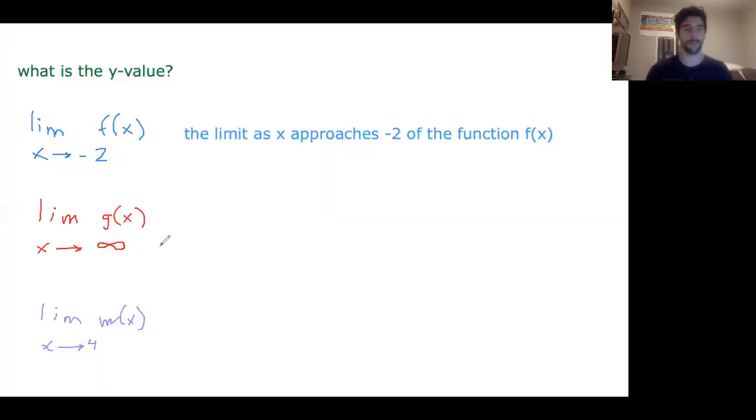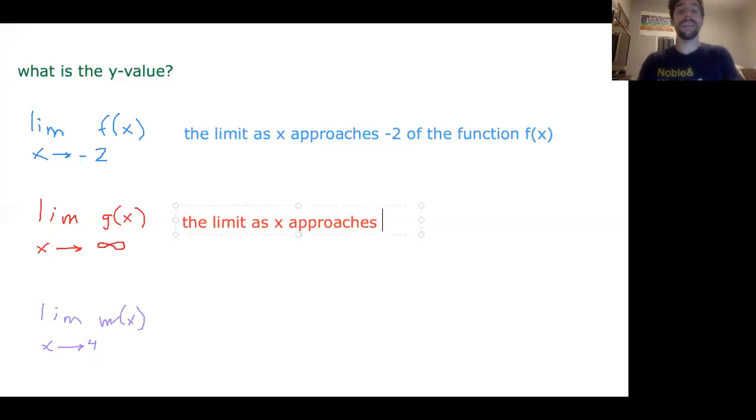So now let's get back to some wording. If I see this, the way I'd write this would be the limit as x approaches infinity. And to be a little more accurate, you could say as x approaches positive infinity. If you just say infinity, it's assumed you mean positive infinity, but you can approach positive or negative infinity.